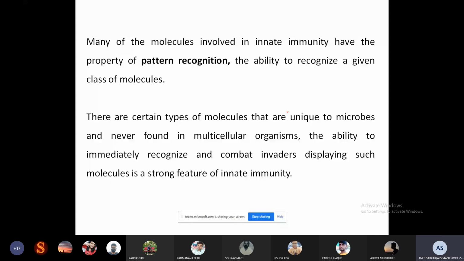So you can call them, for example, molecules P, Q, and R. So the innate immune system understands that these three molecules, P, Q, R, should not be present in a host organism or multicellular organism. So if anything is showing P, Q, or R, then it must be a foreign organism, and I have to kill it.